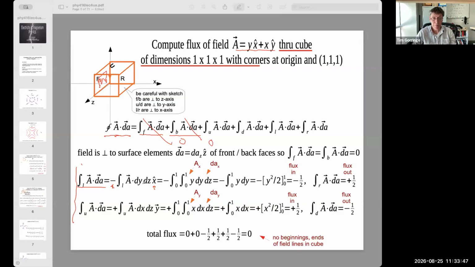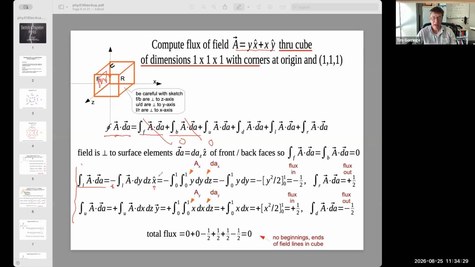And then my surface elements are just made by little steps in z and y. Those are the directions perpendicular to the x-axis. Those are the ones in the plane of the surface. So this is me just filling in the area elements. And then in the next step here, I filled in what the important component of the field was. So I'm carrying out the dot product of the field in general with the x unit vector.